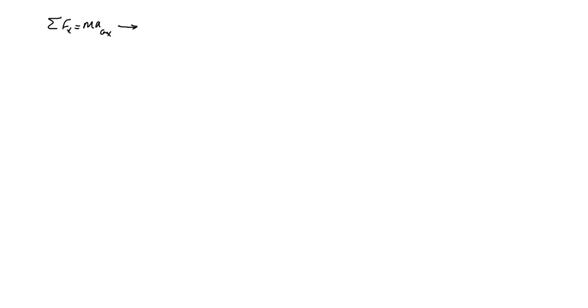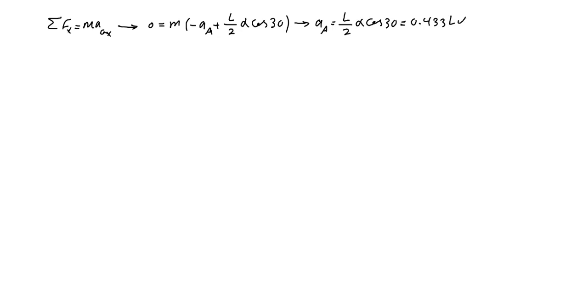Now from there, on the free body diagram, there is no x term. m times minus a_A plus L over 2 alpha cosine 30 degrees. And from there you can actually find a_A. a_A is L over 2 alpha cosine 30 degrees, which becomes 0.433 L alpha. And this is going to be your second equation.